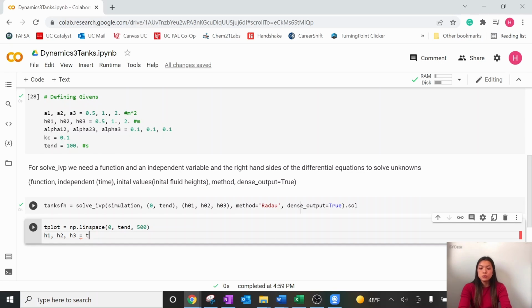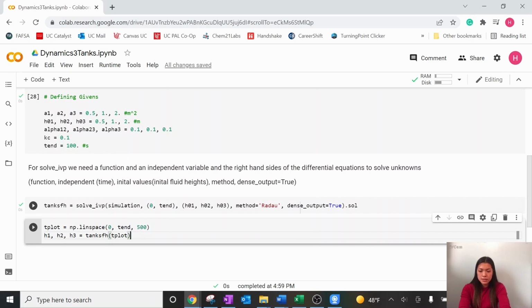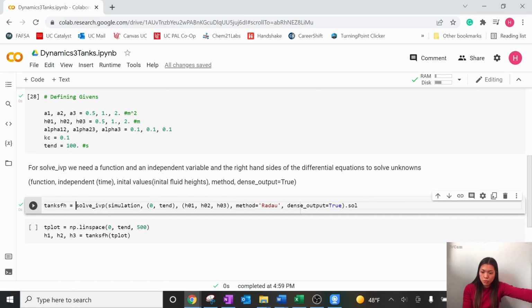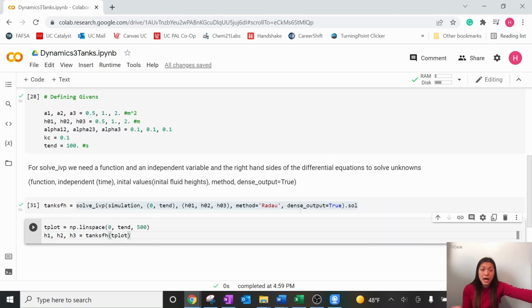So if we were to put in tanks FH, which is what we named it, but it's really just a solve IVP function, and we were to solve it at the times in the t-plot, it's going to take this function that we wrote here, with the independent variables, the initial values, the method, and the dense output, and run it for the t-plot times that we defined up here.